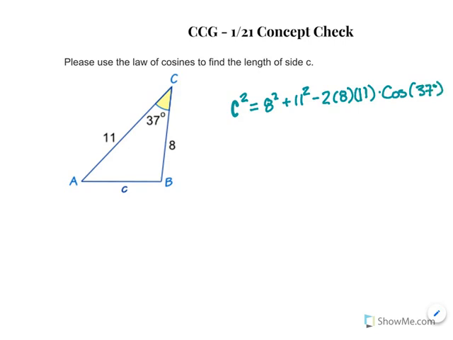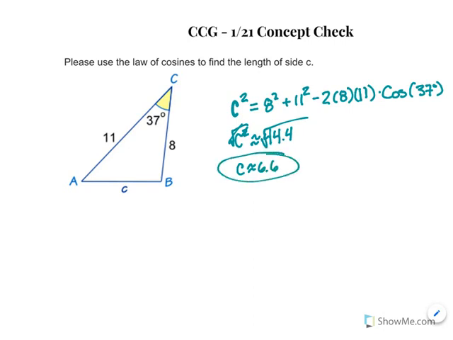And when Kellen typed that in his calculator, he got c squared equals approximately 44.4, but you guys are putting this in your calculator with the answer button anyway, so it doesn't matter how many decimals you write down. But when you do that, you do the square root, so those are the opposite, and you should get approximately 6.6 as your answer.